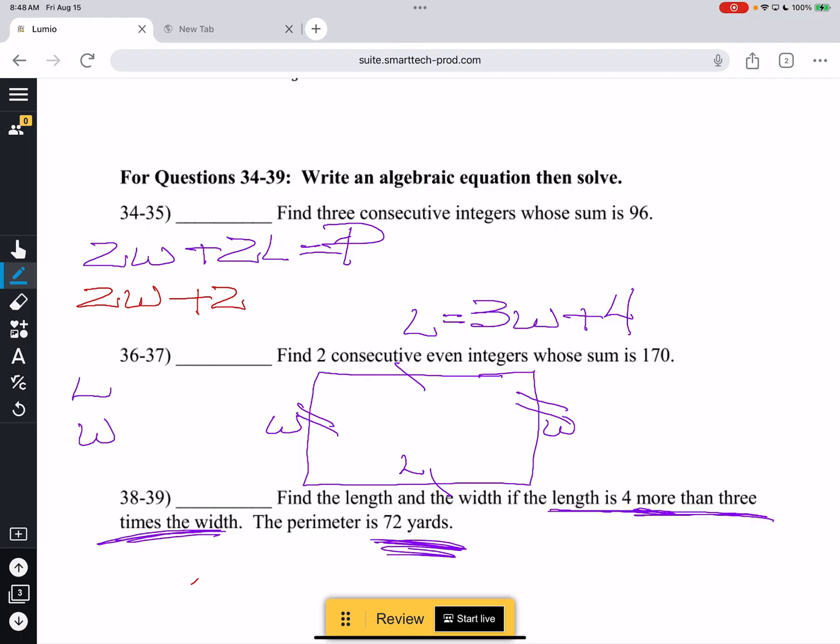We'll put the 3W plus 4. So what do you have to do with that 2? Distribute. And then we're going to say it equals 72. So go ahead and work that part out. I think you know to distribute, combine your like terms, isolate your variable, and we'll have what the width equals.